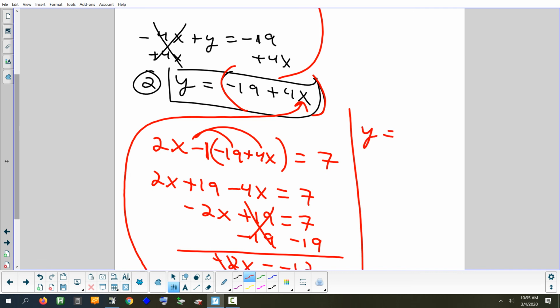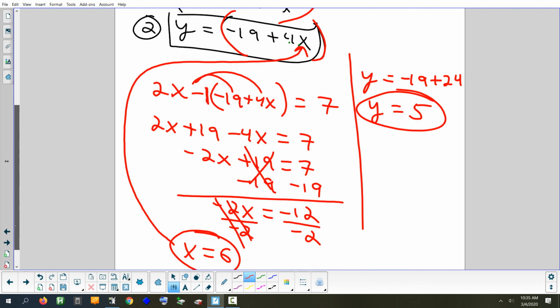Okay, so y equals negative 19 plus, I scrolled off the page. What are we filling in for x? 6. What's 4 times 6? 24. And if I needed to, I could use my calculator for that. But negative 19 plus 24 will give you 5. Yep.